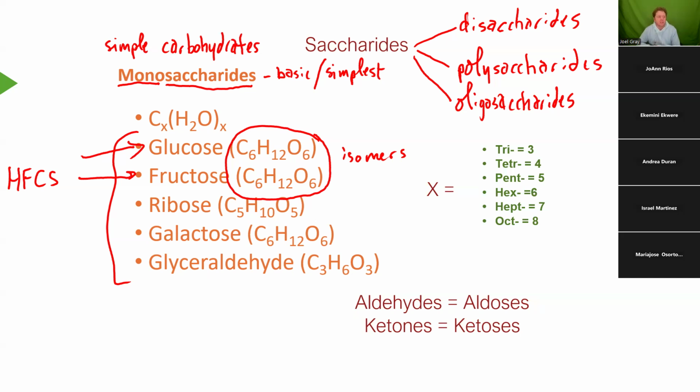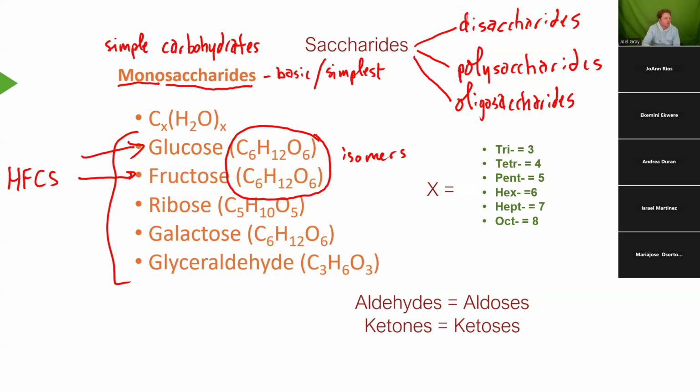So glucose is a simple carbohydrate, a simple sugar. It's a monosaccharide. There are others, and we'll get to it, but just as a little preview, if you've ever heard of the term glycogen, glycogen is also a polysaccharide. And glycogen is what your body uses to store lots of glucose.